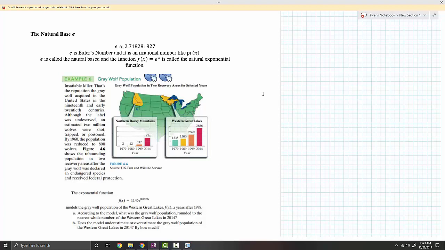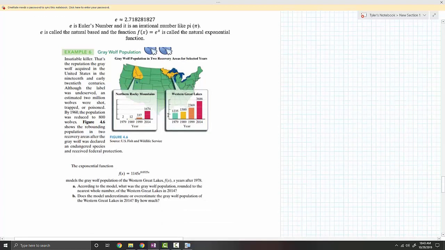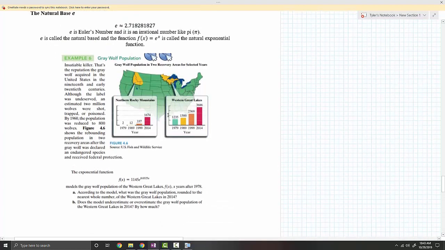So it goes on forever with no pattern. But this number is really powerful, and it comes into play a lot in finance and many different things. Anytime you have growth or decay, you can use this base e, the natural base.